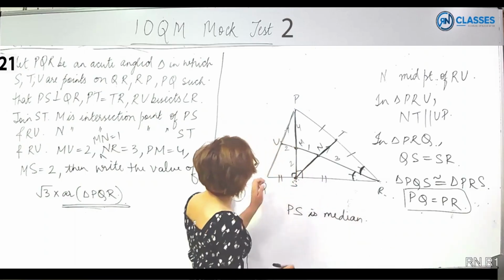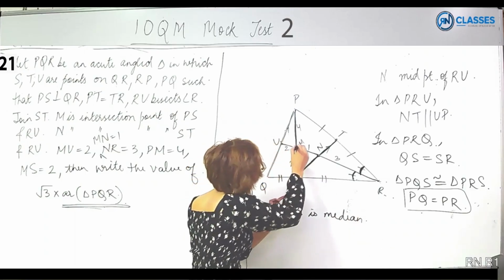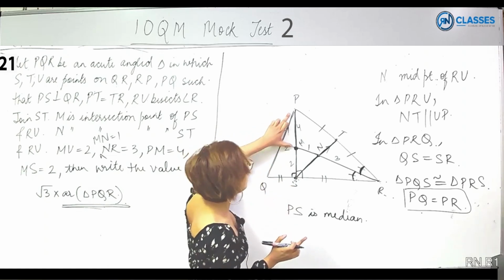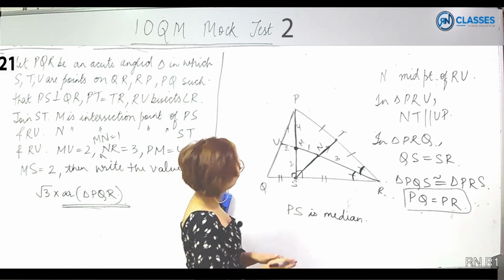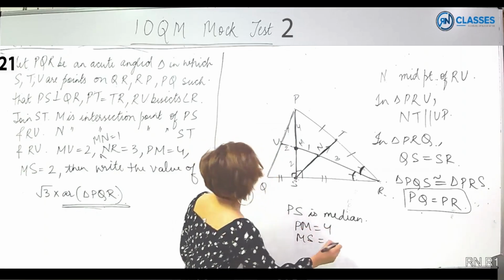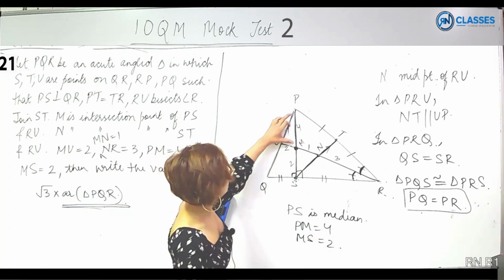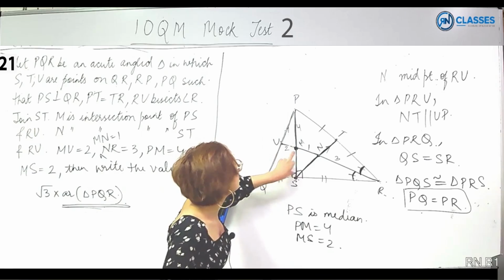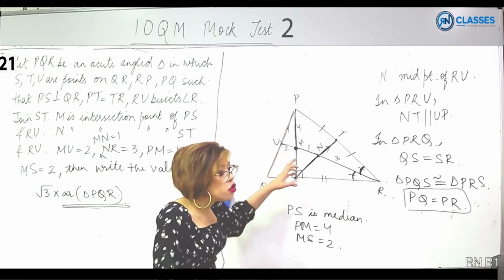It is a median. Now, there is a point on this median, M. And I know that PM is equal to 4 and MS is equal to 2. PM is 4 and MS is equal to 2. That means the ratio is what? 4 by 2. M is the point which divides the median in the ratio 4:2, or in short, 2:1.